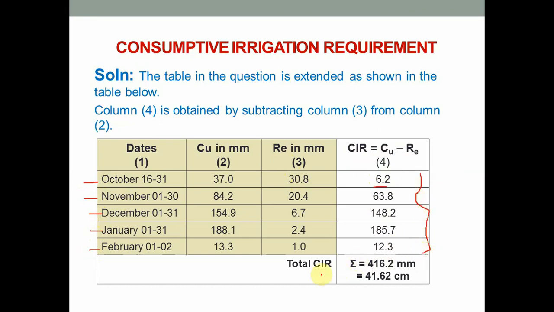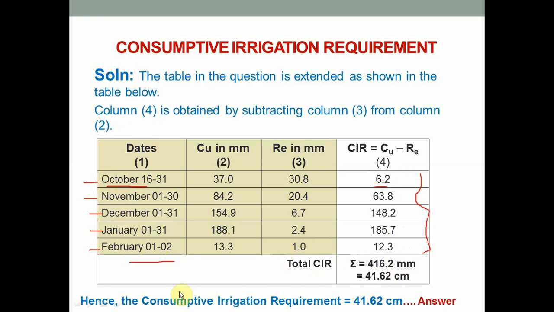So the total consumptive irrigation requirement for 110 days, that is from October 16 to February 2, is the addition of all the rows in column 4. It comes out to be 416.2 millimeter or 41.62 centimeter.